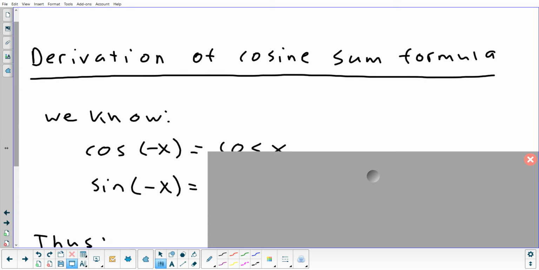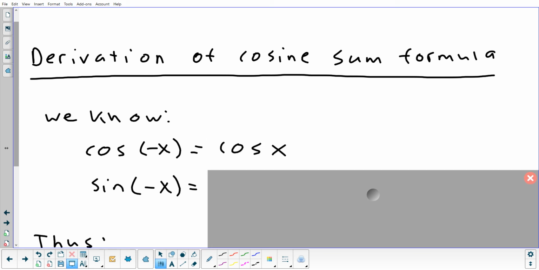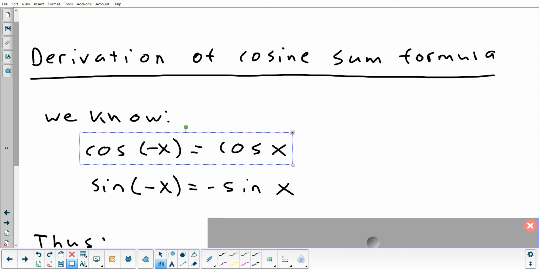And that's because if you graph cosine, it has symmetry over the y-axis. If something is symmetrical over the y-axis, and you do a horizontal reflection over the y-axis, you're going to get exactly the same thing you started with. So there is no difference between cosine negative x and cosine positive x because of the symmetry.